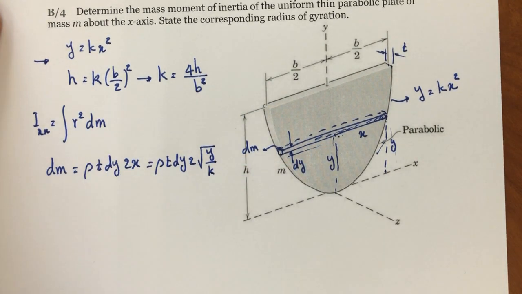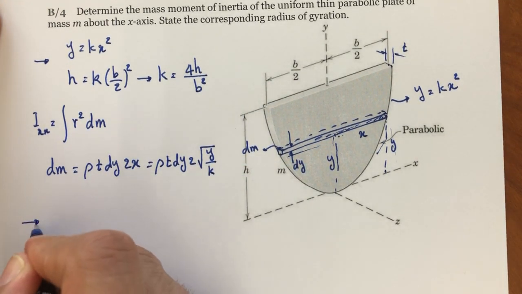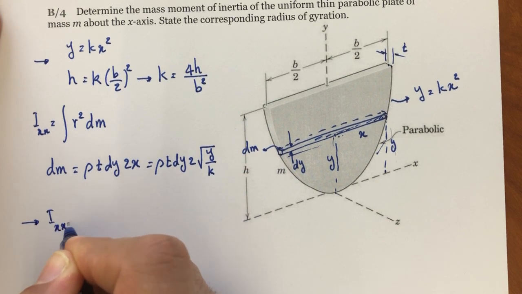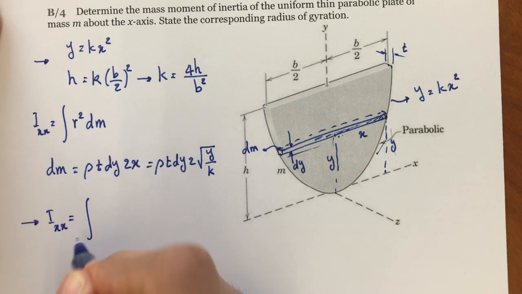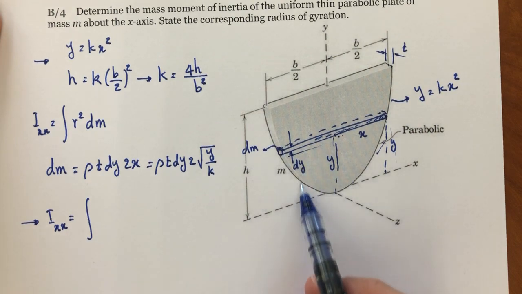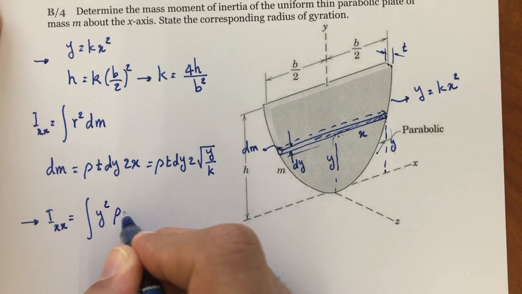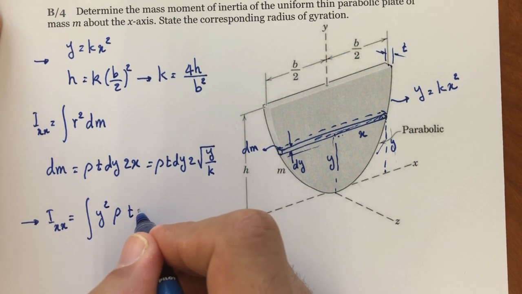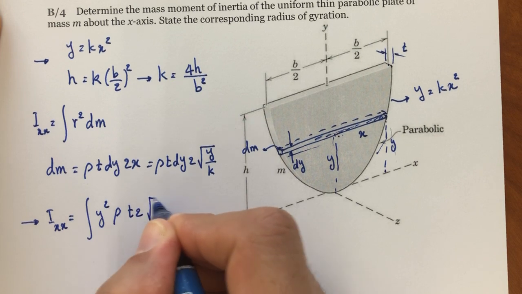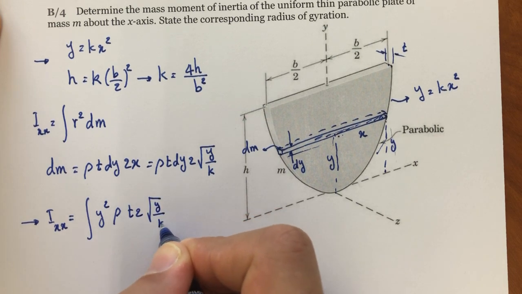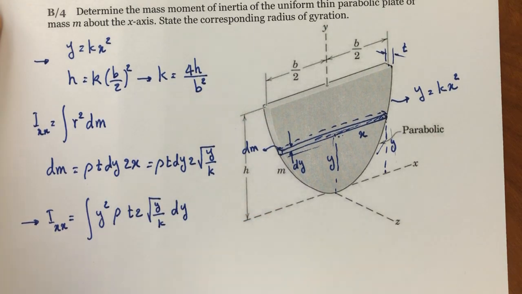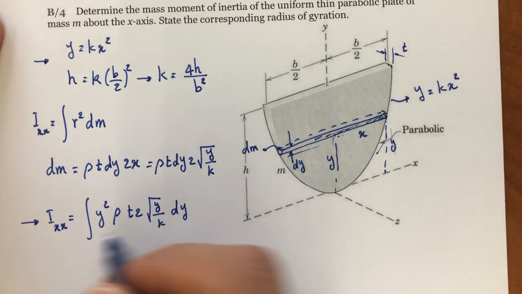Now, if I put all of this here, then Ixx is going to be equal to the integral of r squared. r is the distance of my element from the x-axis, again it is y. So y squared times rho t times 2 times the square root of y over k, dy. Everything is in terms of y, and y goes from 0 to h.